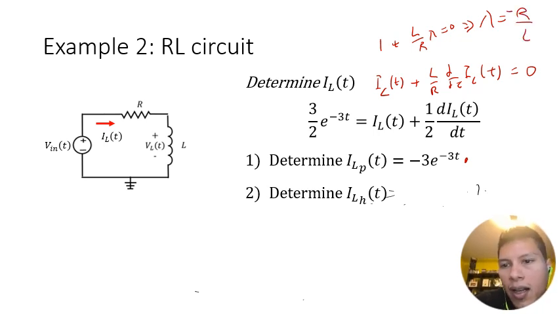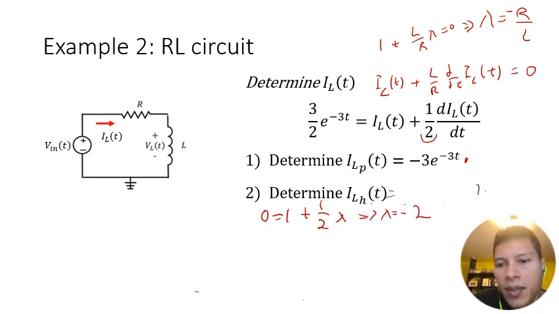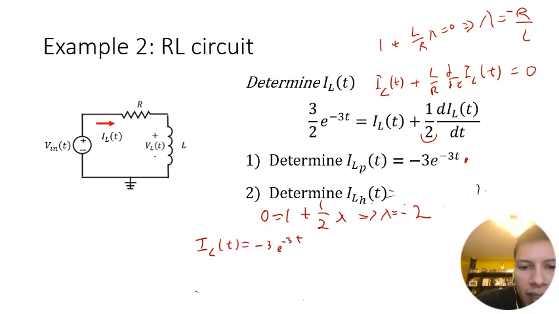Okay, well, in this particular case, if I don't do it symbolically, I'm just going to have 0 equals 1 plus 1 over 2 lambda, and that, of course, gives me that lambda equals negative 2. Okay, so now that we know that lambda equals negative 2, we now know that our solution I_L of t is going to be equal to negative 3 e to the negative 3t plus c1 e to the negative 2t.